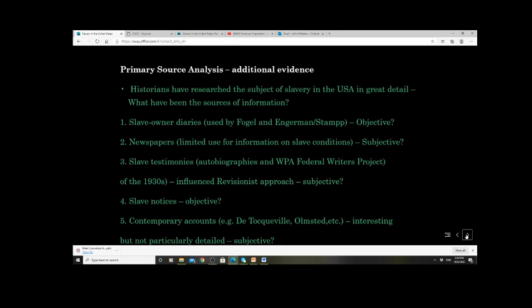So listed below there are 5 categories. There are obviously more than this, but these are 5 general broad categories of how historians have accessed information about slavery in the South before the Civil War. And I want to focus on which ones might be the most effective in finding out the true nature of the so-called peculiar institution.